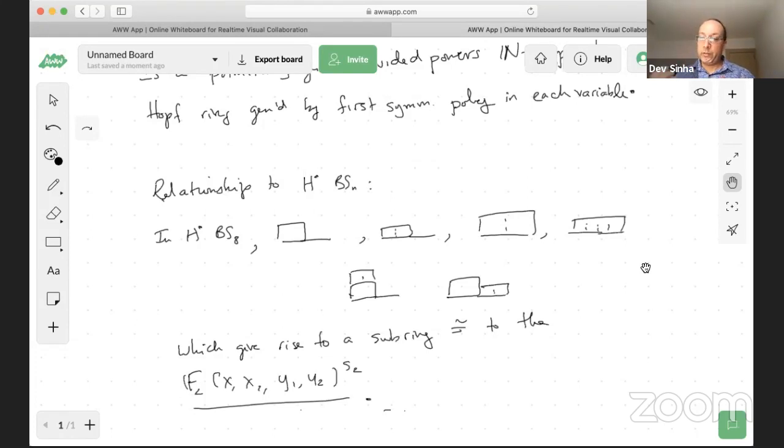But I wanted to again just bring this back together by saying the Hopf ring presentation is remarkably concise. Ultimately, it gives rise to rings which are pretty complicated, and I will talk about that as we talk about these rings of invariants.